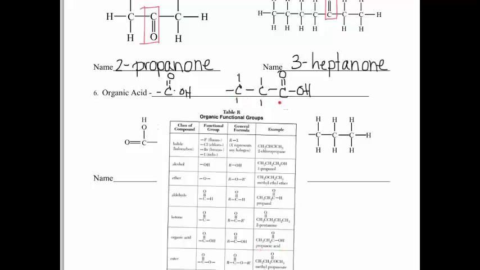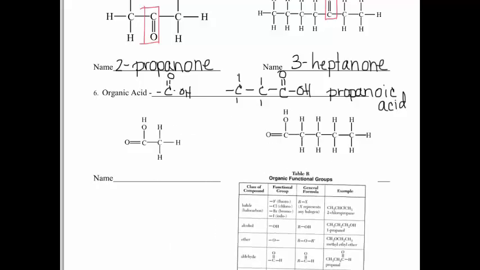So this has 3 carbons just like propane, except we dropped the E and added oic acid. Notice it does not have an address, and it can't, because this carbon, in order to have the double bonded oxygen and the OH attached to it, must be terminal. So do not give an address.